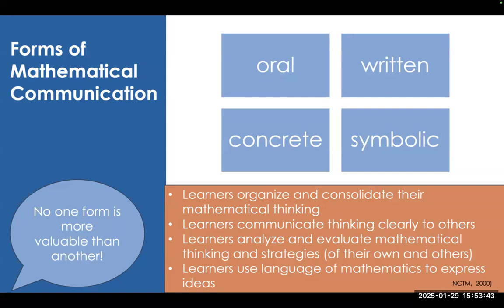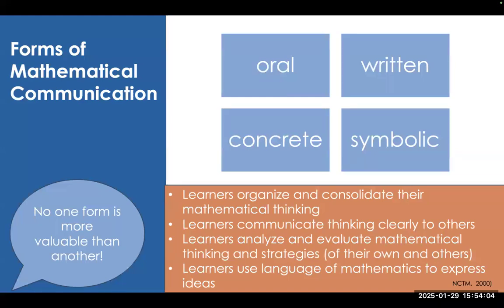We can communicate in writing, which has to do with reading and writing. We can look at symbolic communication, which is graphical or pictorial. And then we can communicate our understanding through using concrete materials, like physically.